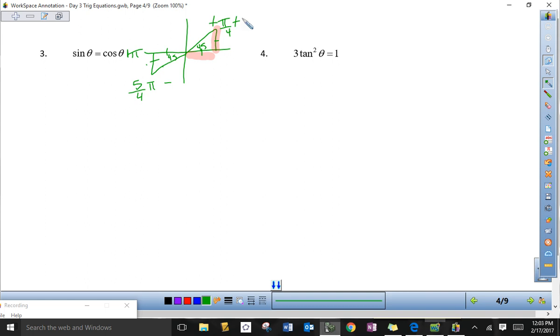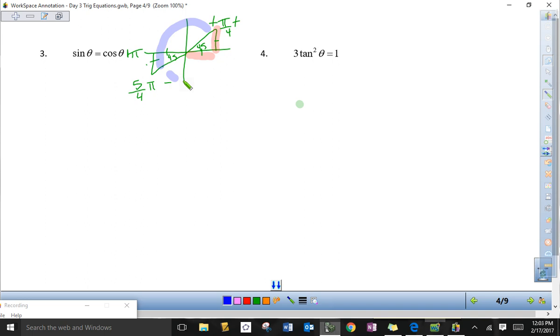Now, this time I have two solutions, but there's something special about my solutions on my picture here. If you notice, they are actually the same distance away. From my first solution to my second solution, it's 180 degrees. And then from that second solution back to the first, it's still 180 degrees. And I can go in that same pattern forever and ever.